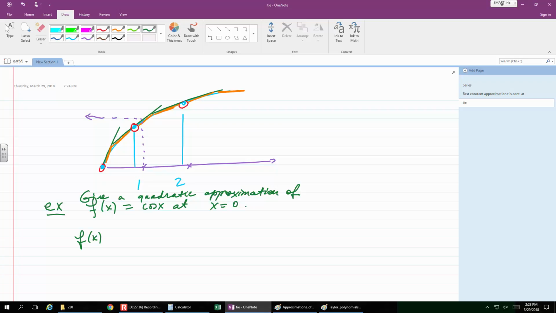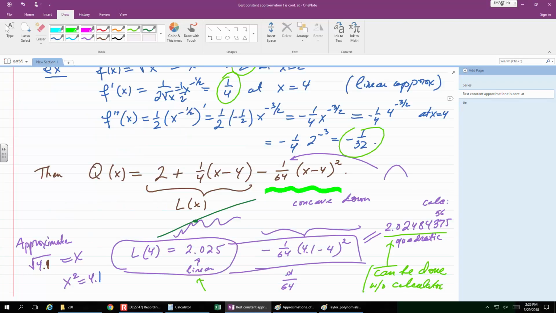So f of x is cosine x, and f of 0 is equal to 1. Remember, the formula is still the same.